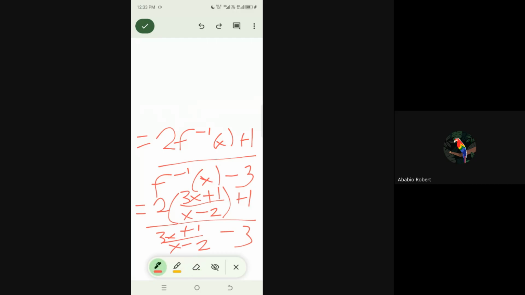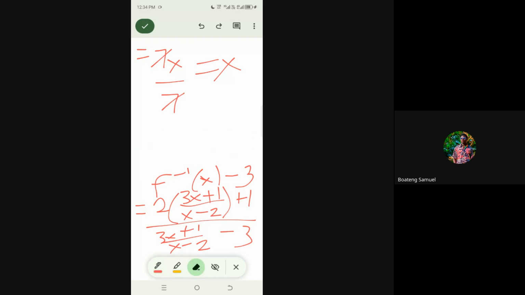So this is what you have. At this point, you apply board mass, or algebraic scale. If you do it well, you get 7x over 7, and 7 cancels 7, and then you get x.